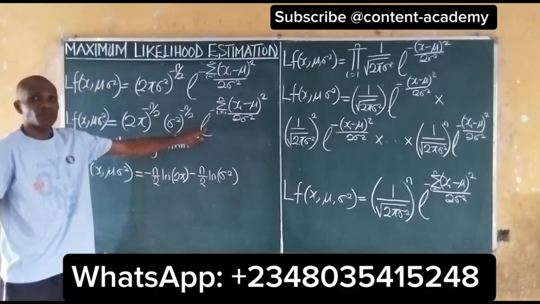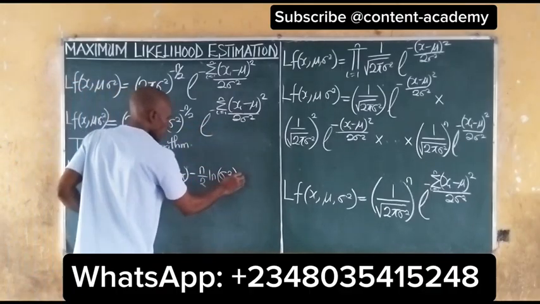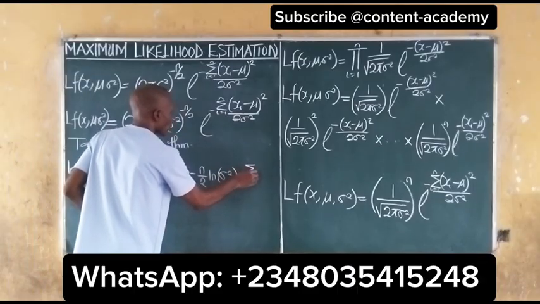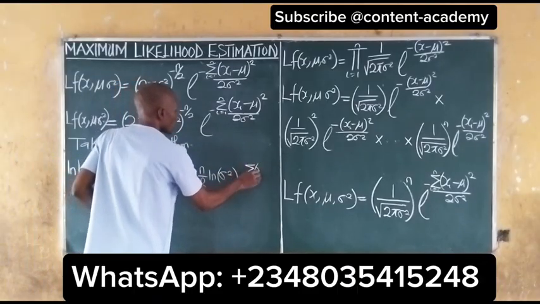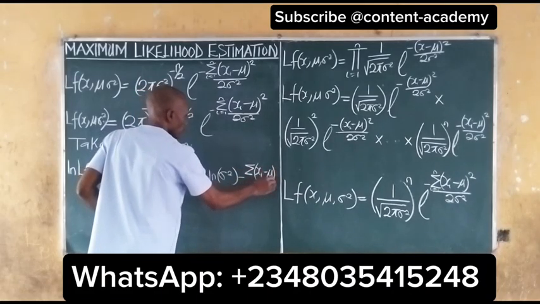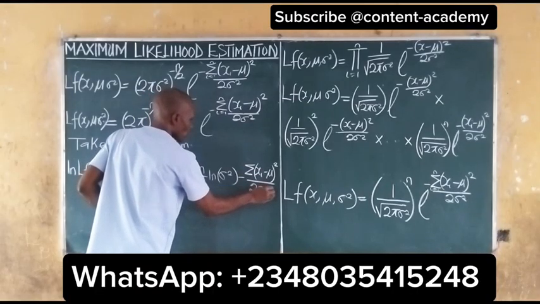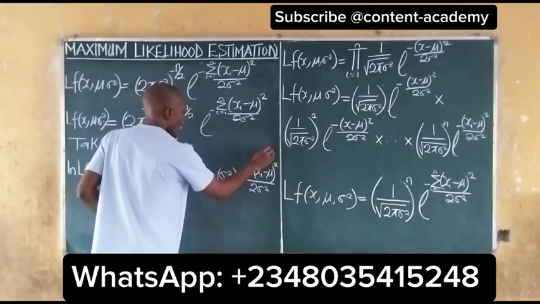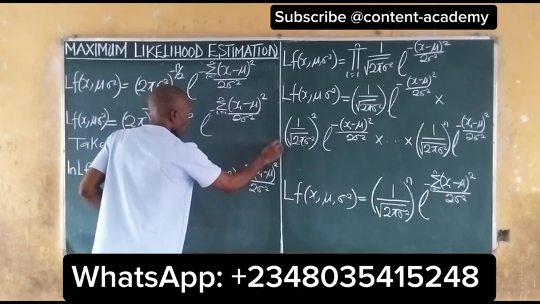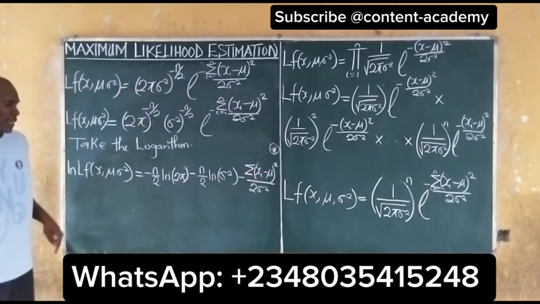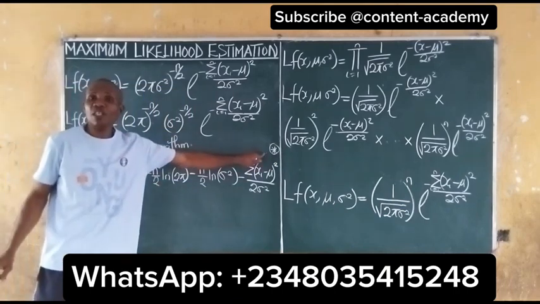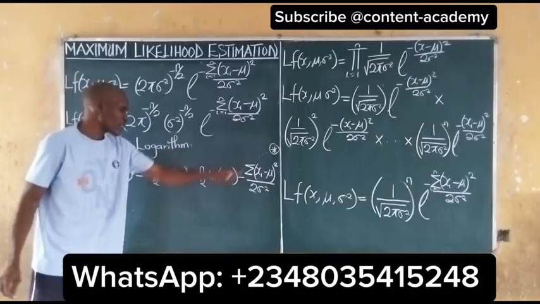If you take the log of an exponential function, you have negative the summation of (x_i minus mean) squared all over 2 sigma squared. We can take this to be our equation star. This is our equation star.